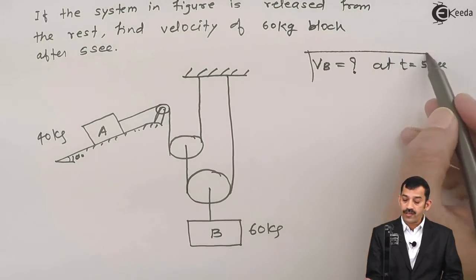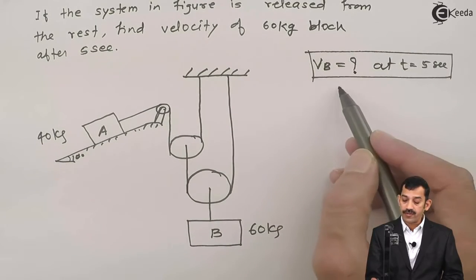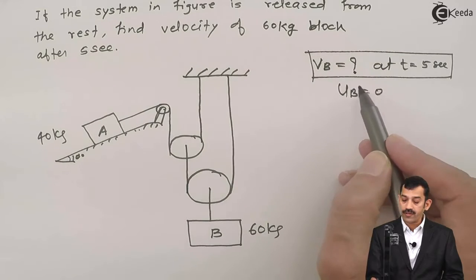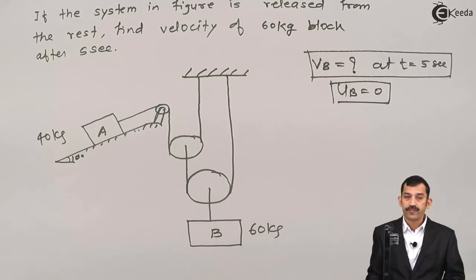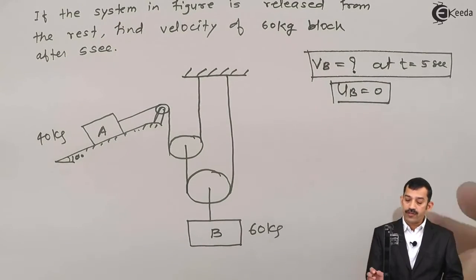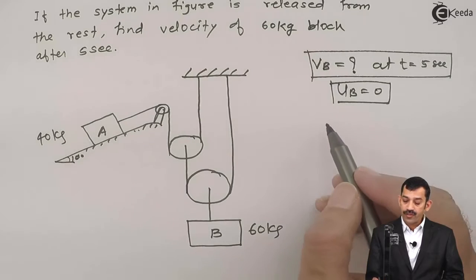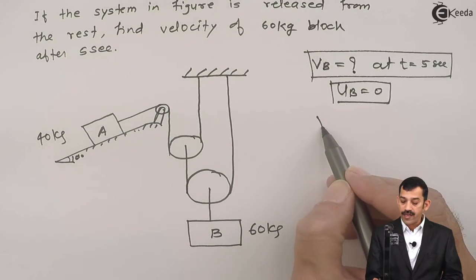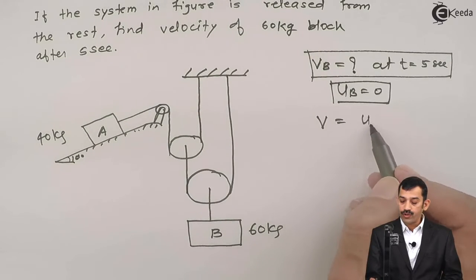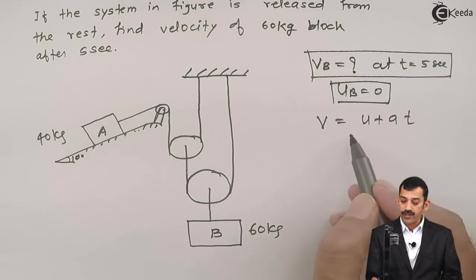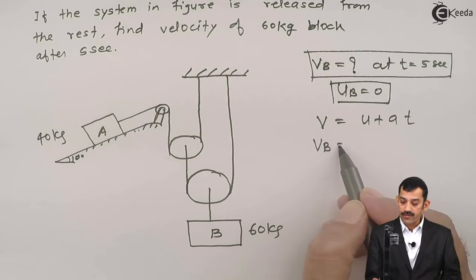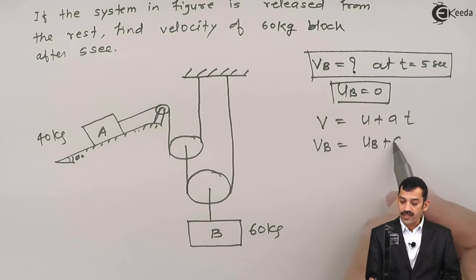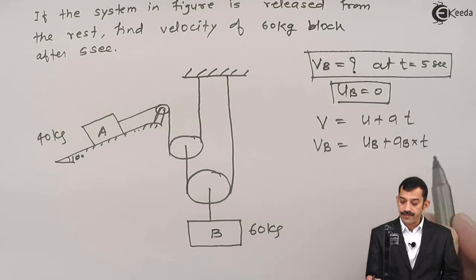If this body starts from rest, that means the initial velocity of this block is what? 0. This is given. To find the velocity after 5 seconds, we use the kinematics equation v equal to u plus acceleration into t. That means velocity of block B equals ub plus ab into t.